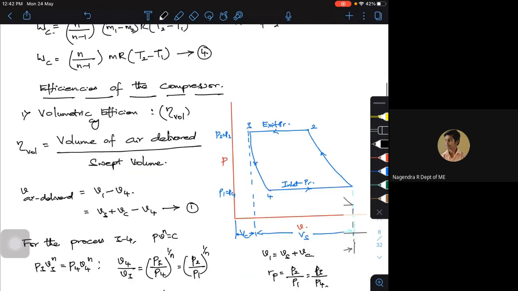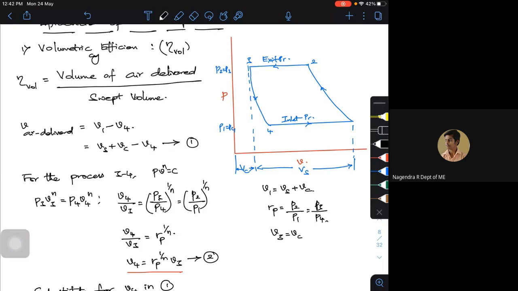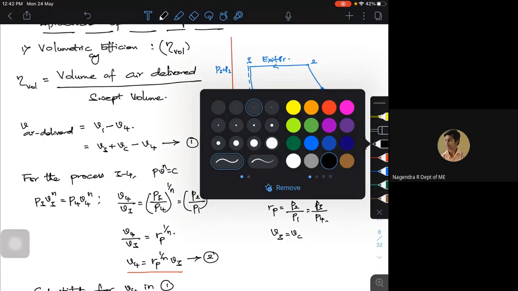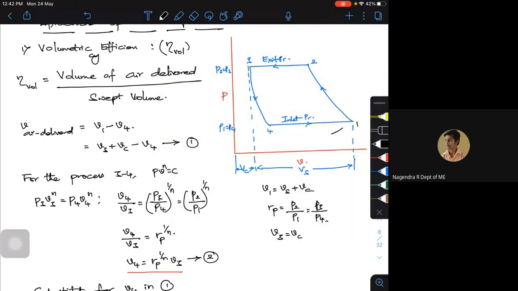If you look at this condition at point 1, this is the condition of the air that's getting in here. That is, from the ambient condition, PA VA by TA should be equal to P1 into the volume at that point, V1 minus V4, divided by T1. So I am trying to equate the ambient condition with this point and get the expression.